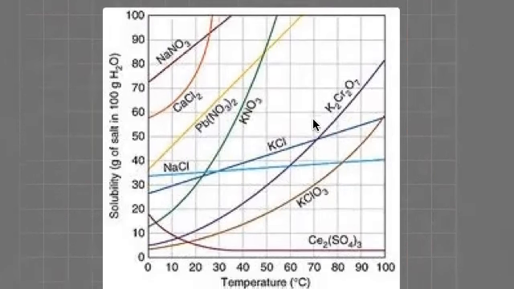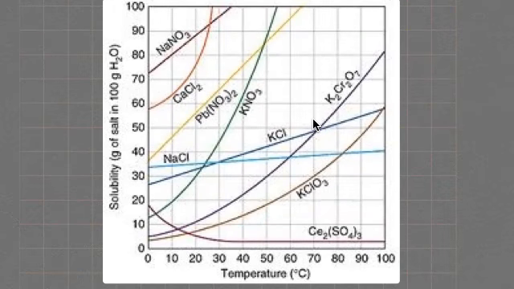So if I stay with potassium dichromate, and I ask the question, would 40 grams of that dissolve in say 70-degree water? The answer is yes, 70 degrees is warm enough to dissolve 40 grams of K2Cr2O7, potassium dichromate.